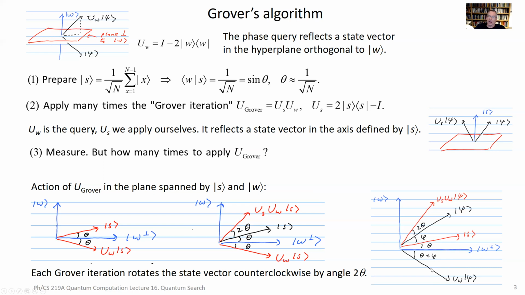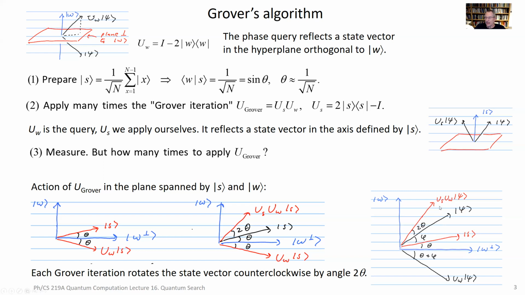And now we do U sub S, the unitary we apply ourselves. That reflects this vector in the axis S. It's now making an angle 2 theta plus phi with S. So it's going to wind up being rotated 2 theta plus phi counterclockwise away from S when we apply US.